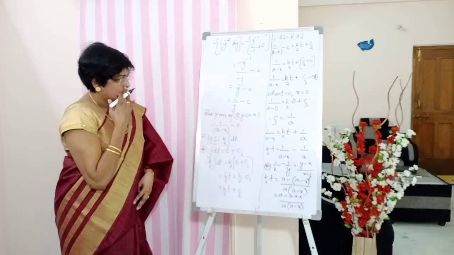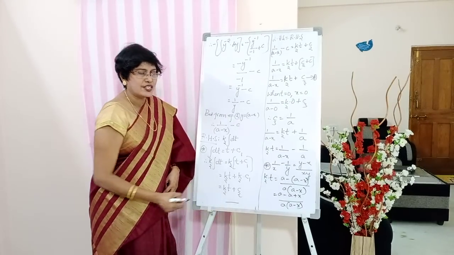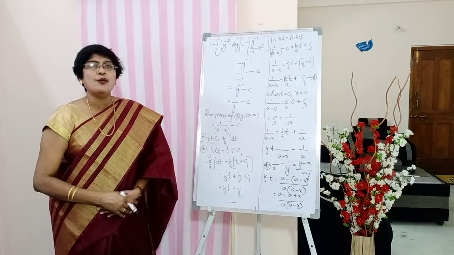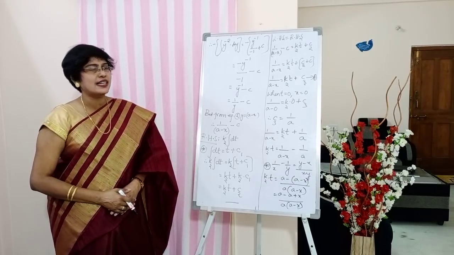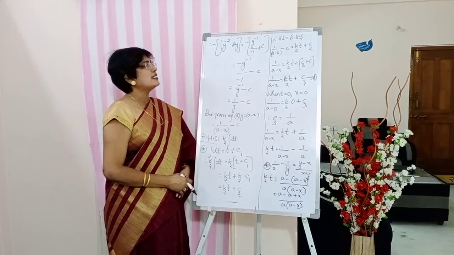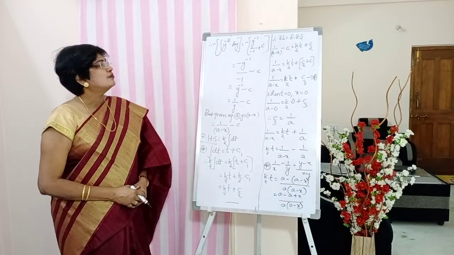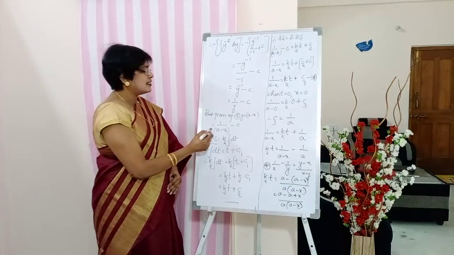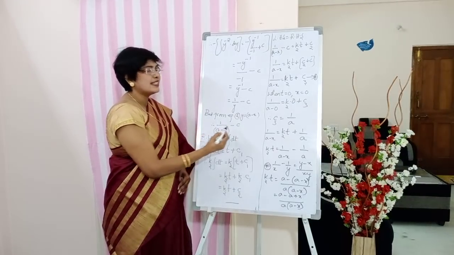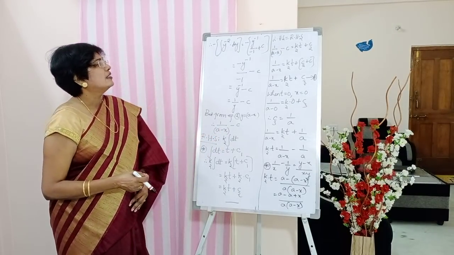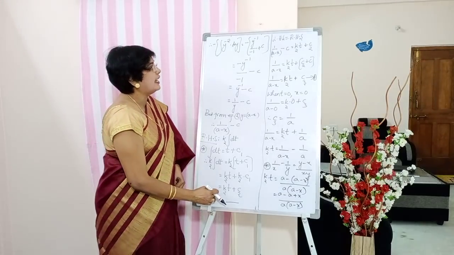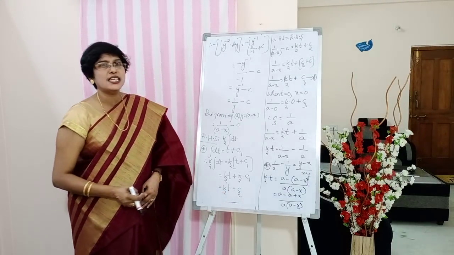Now the right hand side we got this much. Next we will equate left hand side and right hand side. LHS is equal to RHS. So left side we got 1 by a minus x minus c is equal to the right hand side, k2 into t plus c2.